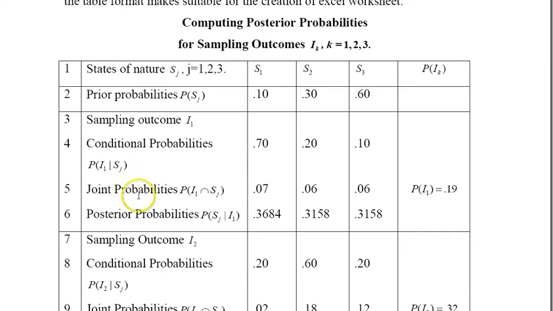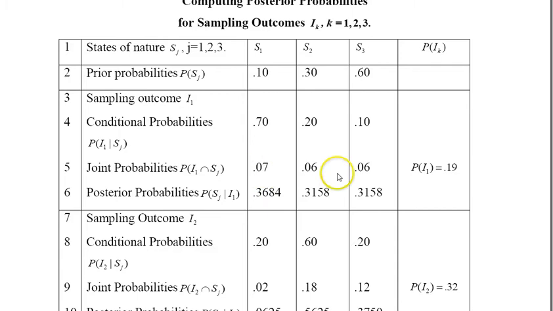From these, we calculate the joint probabilities, P of I1 times Sj, which is basically multiplying this times this, which gives me the joint probability. This times this gives me the joint. This times this gives me this. And now I can compute my posterior probabilities very easily.